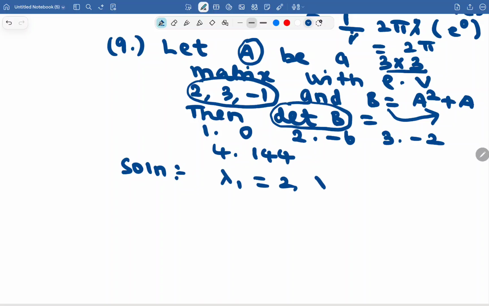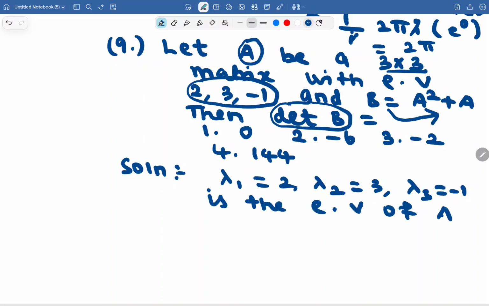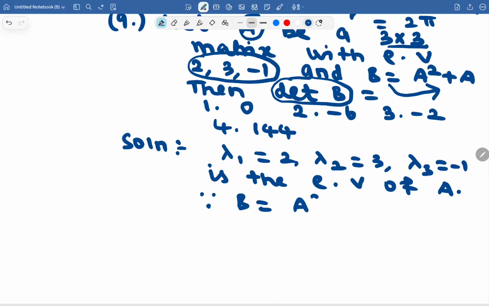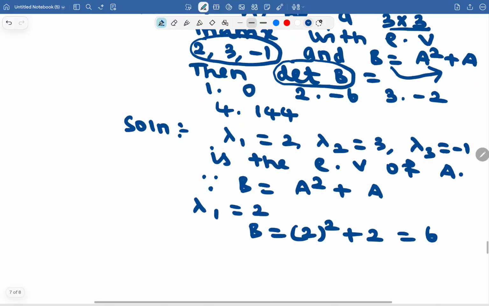Lambda 1 is 2, lambda 2 is 3, lambda 3 is minus 1, the eigenvalues of matrix A. Since B is A square plus A, for lambda 1 equal to 2, what is B? If lambda is an eigenvalue of A, lambda power n is an eigenvalue of A power n. Here lambda 1 is 2, so 2 square plus 2, it is 6.